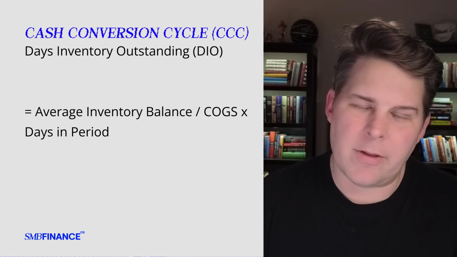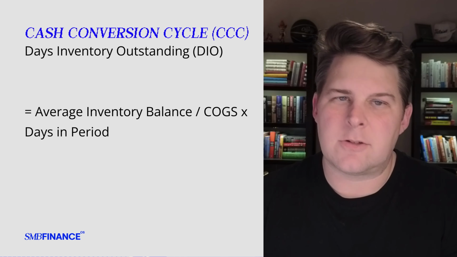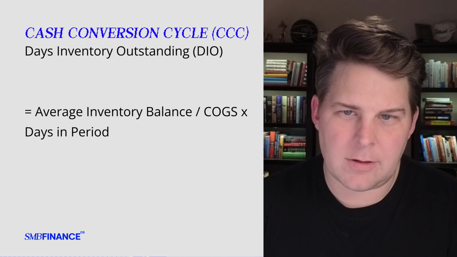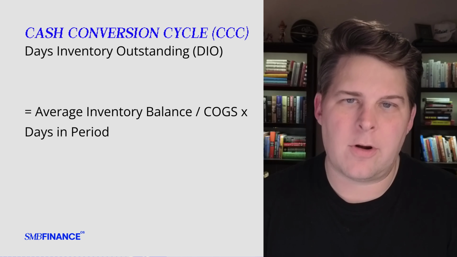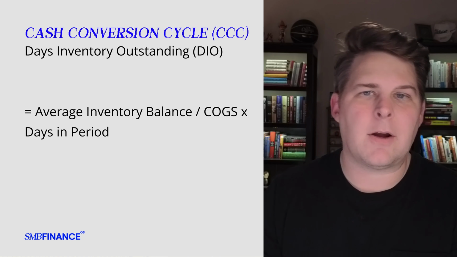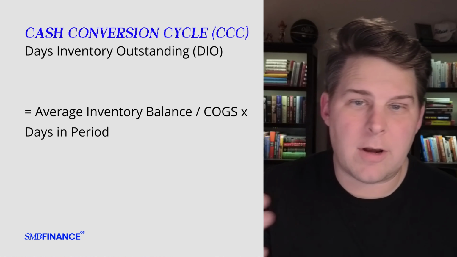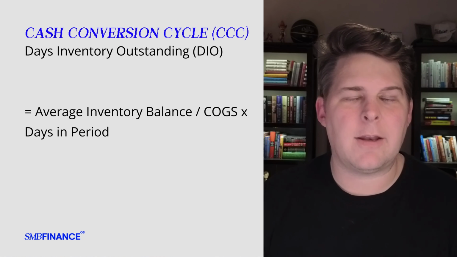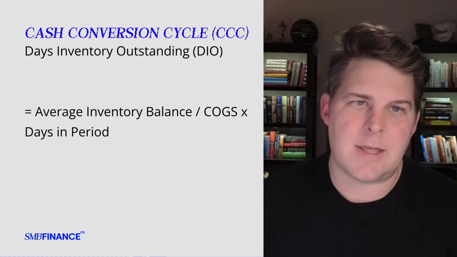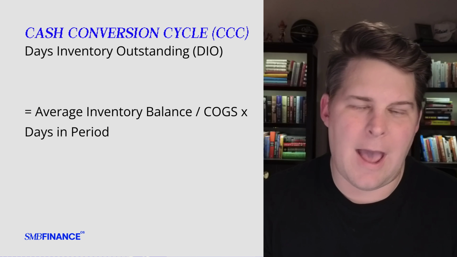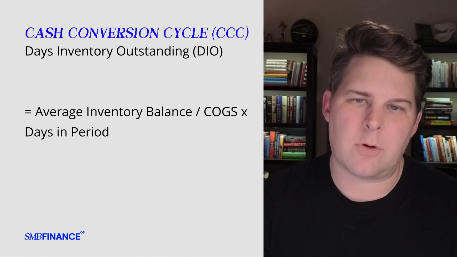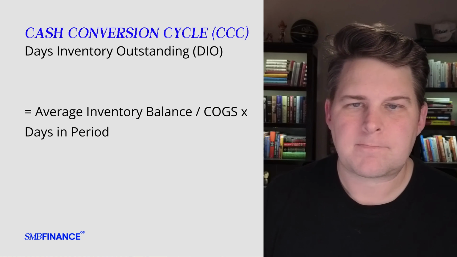So if you have a balance of $1 million, cost of goods sold of say 300,000, you take $1 million divided by 300,000, that's a third times 30 days. If it's a 30-day period, you would have 100 days of inventory outstanding. That 100 days means that from when you have that first outlay, you're on average holding inventory for 100 days.